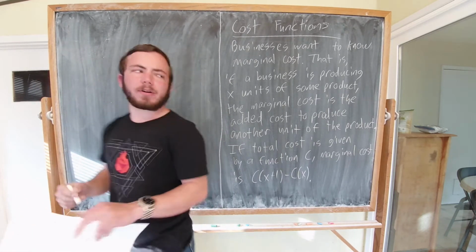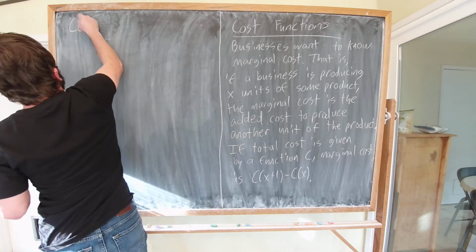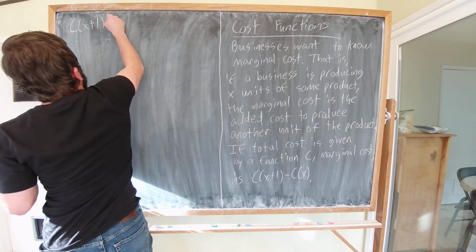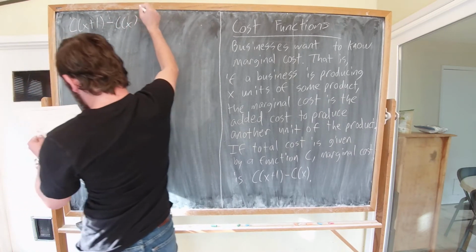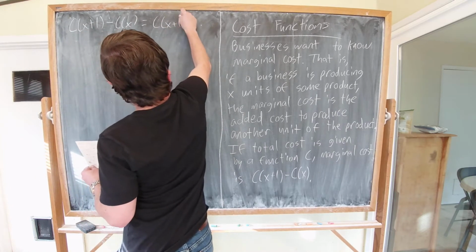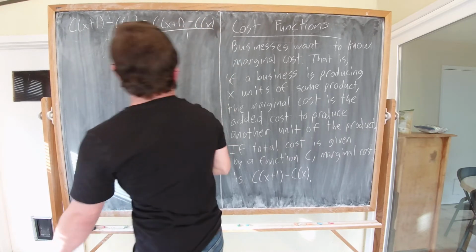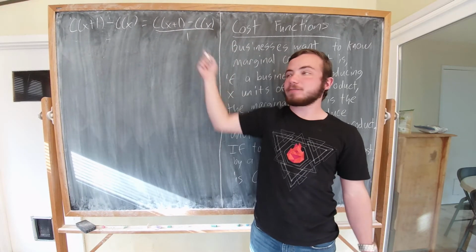Okay, so C of x plus 1 minus C of x is equal to that same thing divided by 1, right? Trivially.